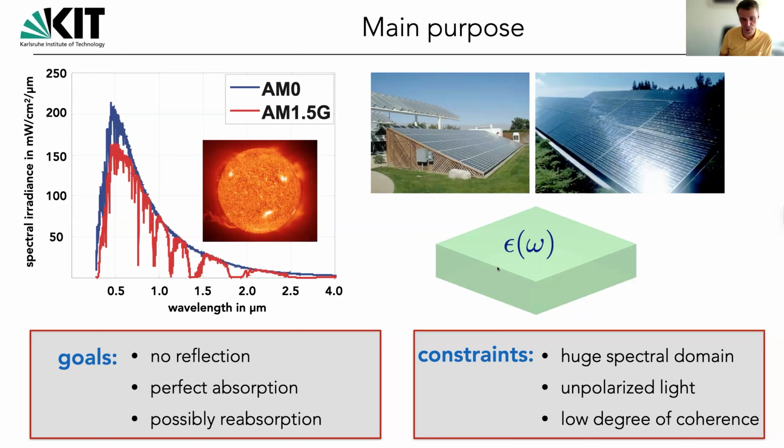The main purpose is to add supporting structures into this light absorbing material such that on the one hand we have no reflection, which is a huge loss channel, and on the other hand we have perfect absorption by the structure, and in particular perfect absorption in the active layer of the solar cell material, such that electron hole pairs are generated, which then contribute to an external current.